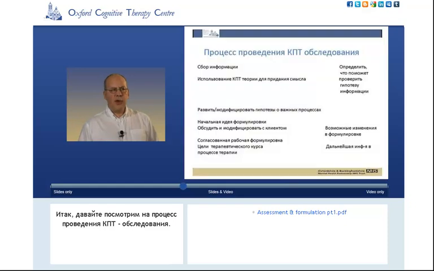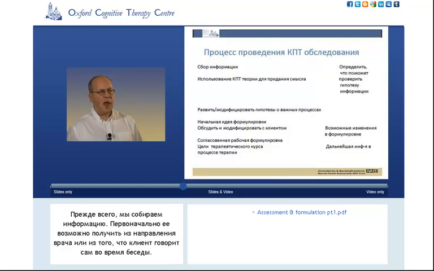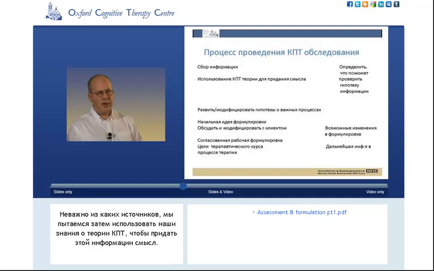So let's look at this process of doing a CBT assessment. First of all, we gather some information. Perhaps initially this may come from the referral letter or from the first few things that the client says to us during an interview.